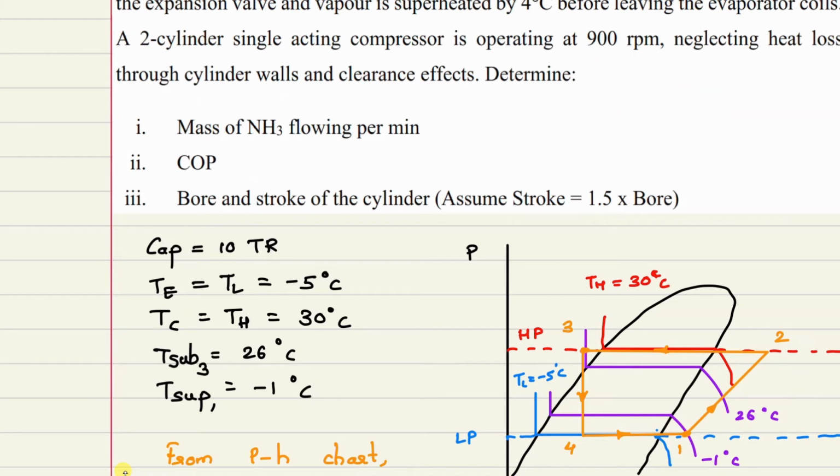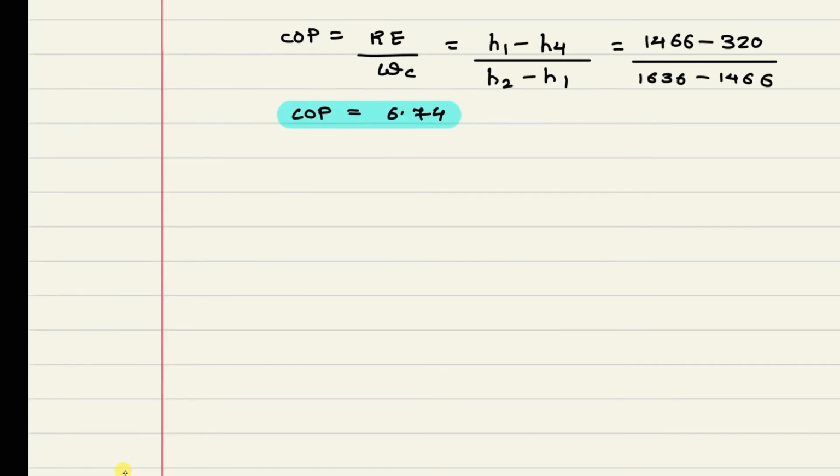So I'll write down calculation of bore and stroke. So third question, it is calculation of bore D and stroke L. And for this question, what relation is given? L is equal to 1.5 times diameter. Now what is the equation which we have to use? V dot 1.